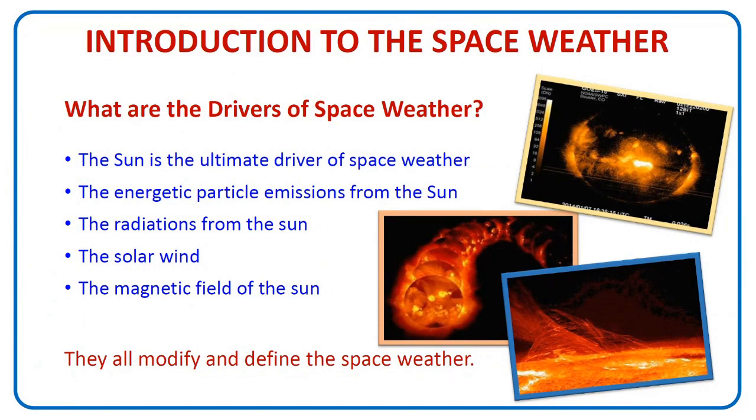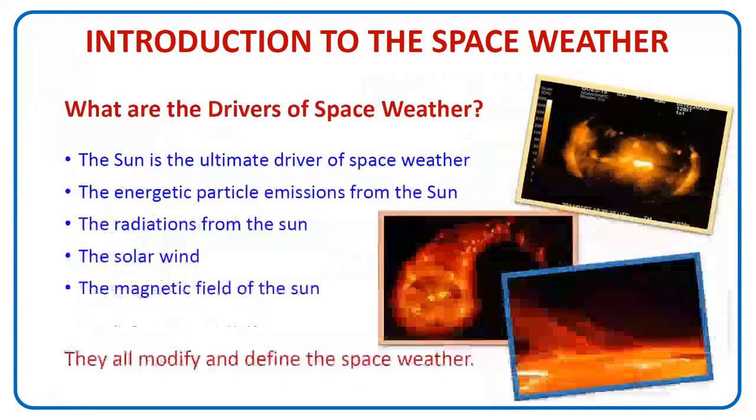And some of these radiations do define the space weather. One thing to mention here is that the electromagnetic radiations from the sun vary over time. The amount of particles being emitted from the sun, what it is today, it will be different tomorrow. So these are continuous in nature and they are emitted from the sun.